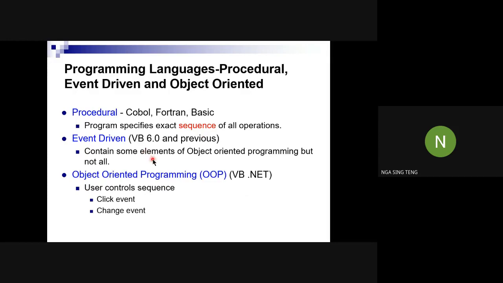For those businesses outside, for some of the medium-sized businesses, medium to small businesses, it can support. VB.NET, the user can control the sequence now. Can click event, change event in more ways already.